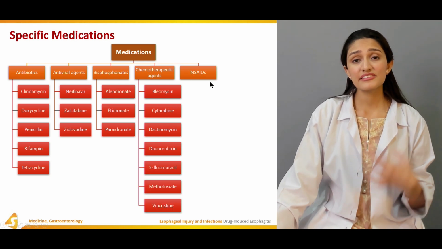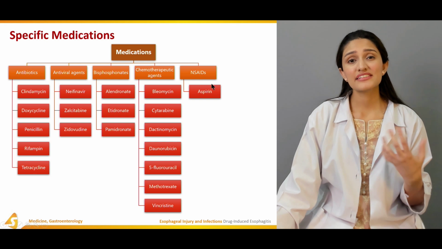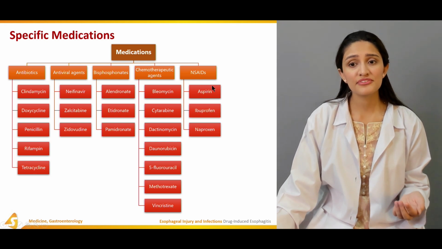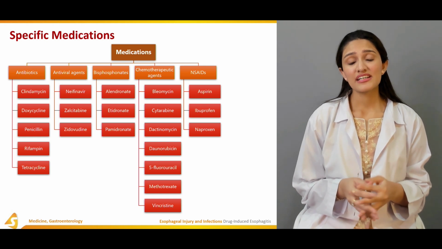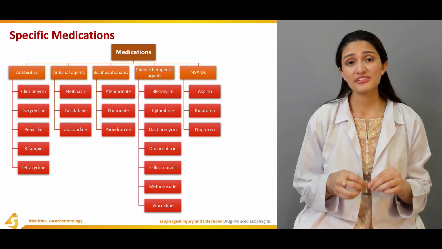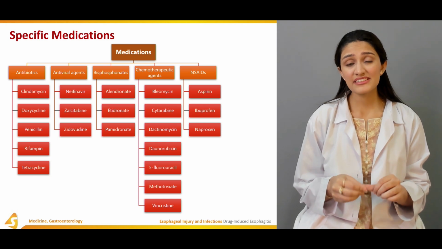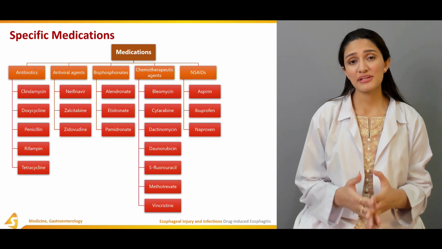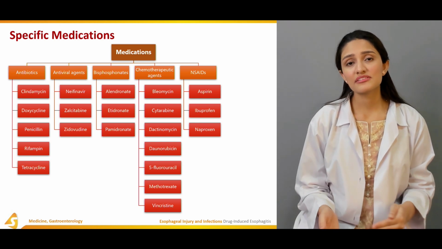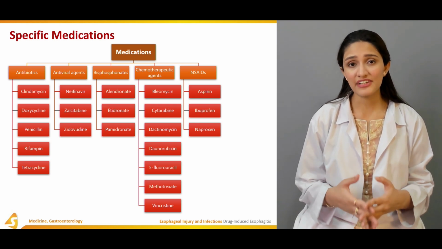Other than that, there are different types of NSAIDs, such as aspirin, ibuprofen, and naproxen. These medications have a very injurious effect on the esophagus, especially because they're over-the-counter medications that the patient can plainly go to the pharmacy and get very easily.